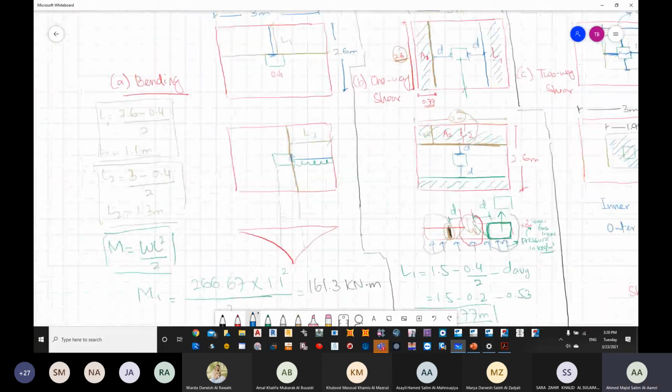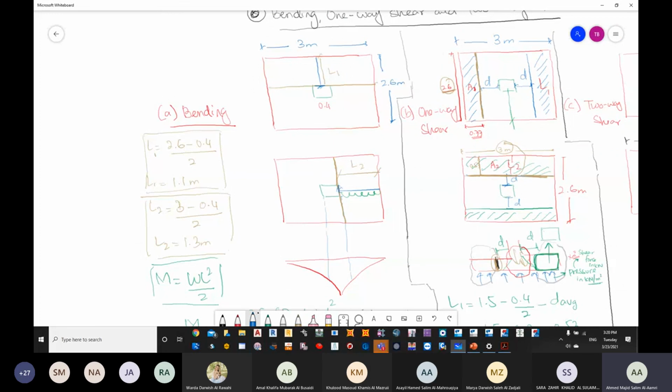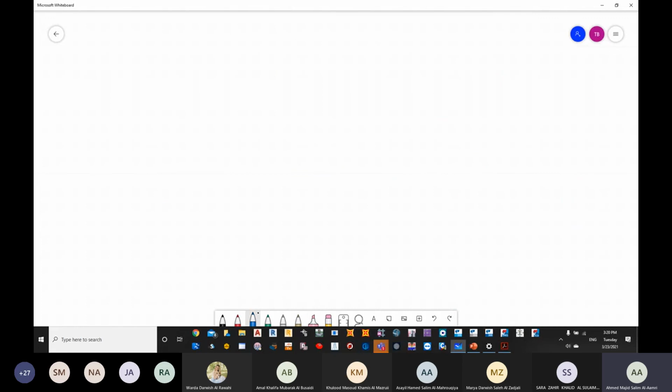Rectangular isolated foundation problem. Now, one thing which I have explained for your other colleagues in the other section as well, which is related to the square and rectangle. If we are having a square, this length equals the other length.